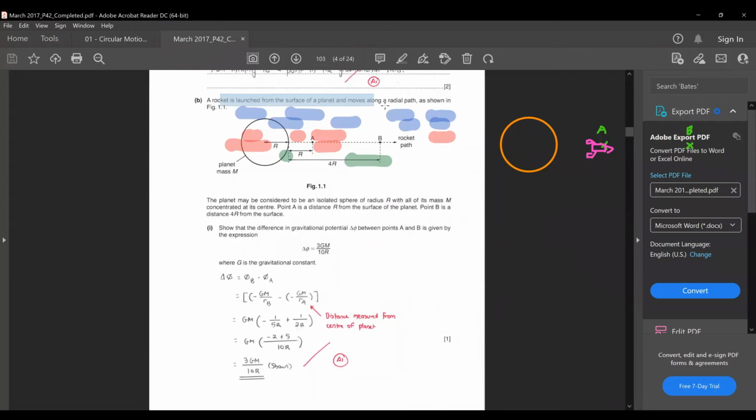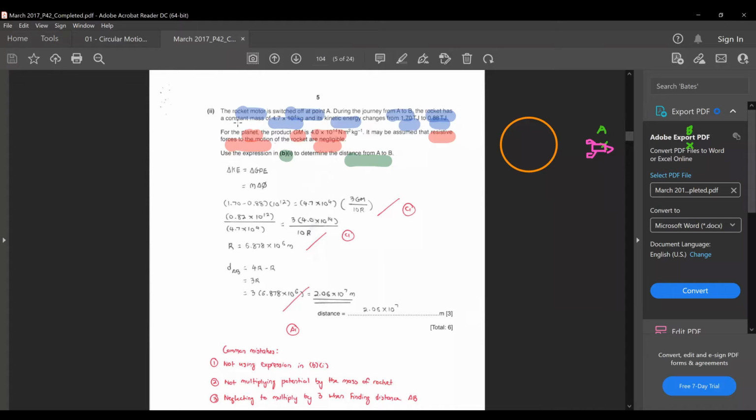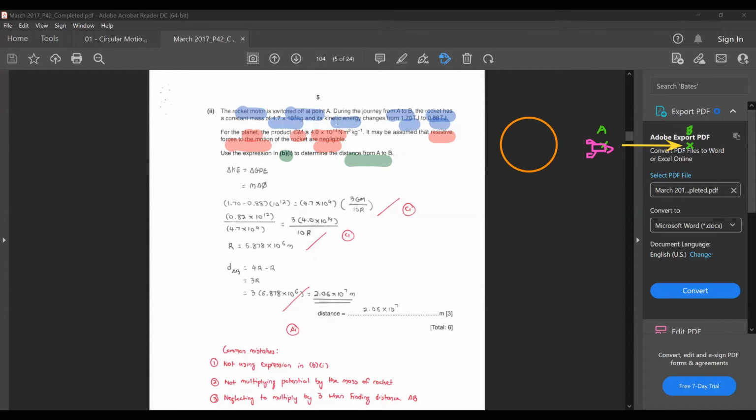Yeah, the rocket is launched from the surface of a planet and moves along this path here. Okay, and somewhere along the way, it went through point A and point B. Okay, so from what the question described to you, they switch off the rocket motor at point A, and then once they switch off the rocket motor at point A, your rocket actually continues to move towards point B, but there are some changes that will occur.